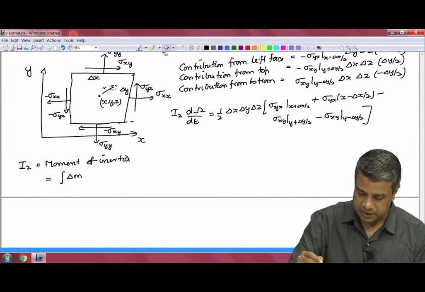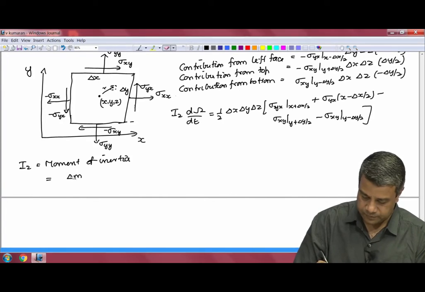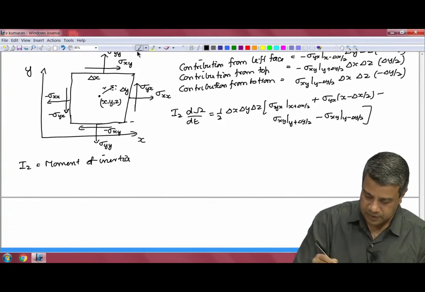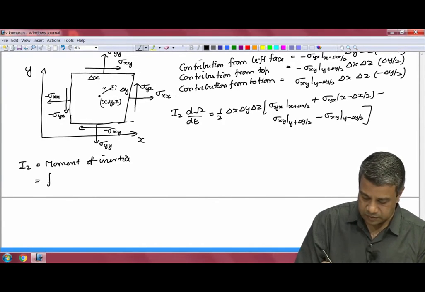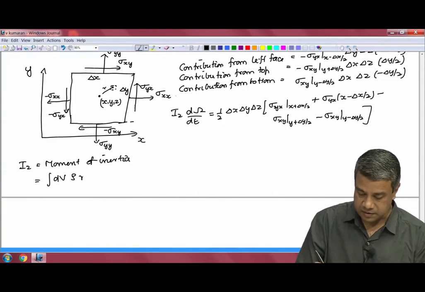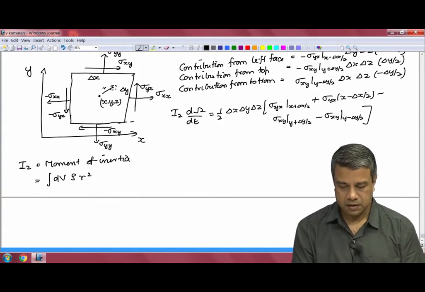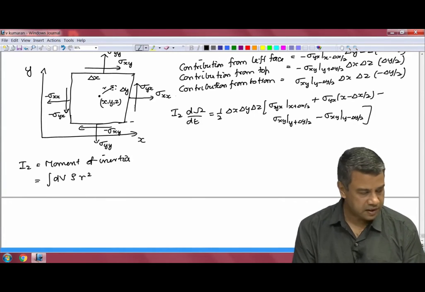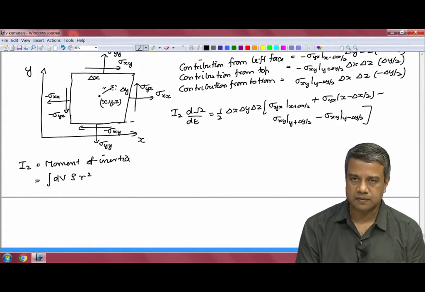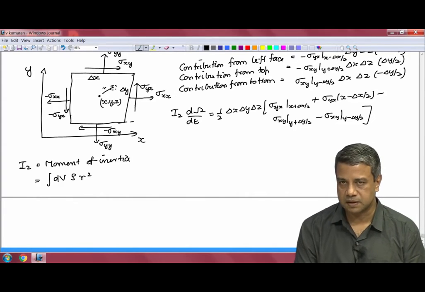That is, the integral over the volume of rho times the distance from the axis of rotation squared. That is the moment of inertia.